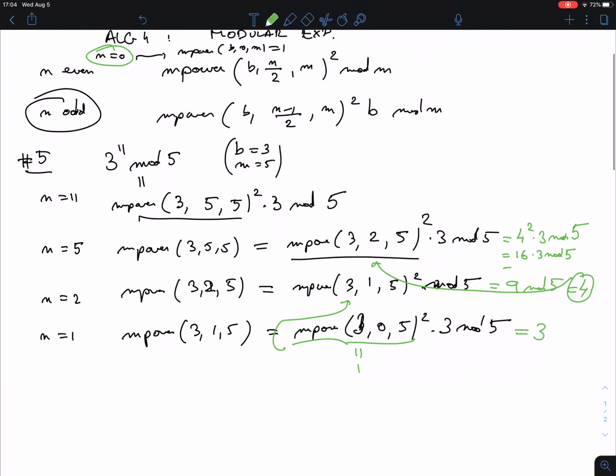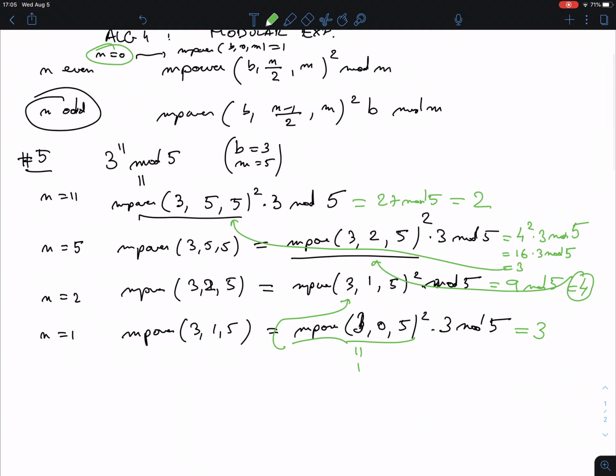So I can now plug this in here, and so this would be 3 times 3 times 3, so 27 mod 5. And that is very easily seen to be 2. I hope that's clear for everybody. Subtract 25, which is a multiple of 5, and then you have 2 left. And that's it. I went through the whole thing.